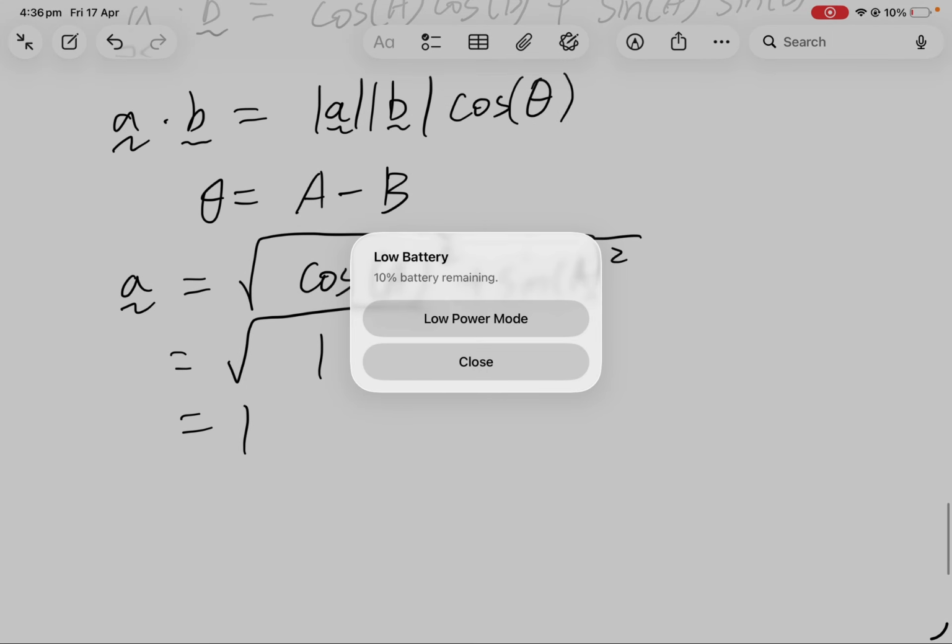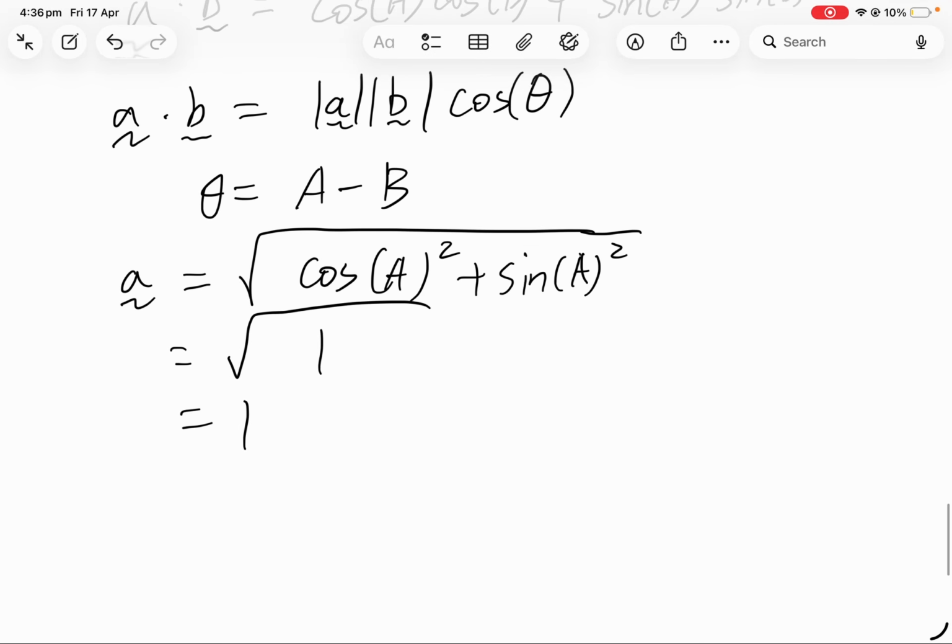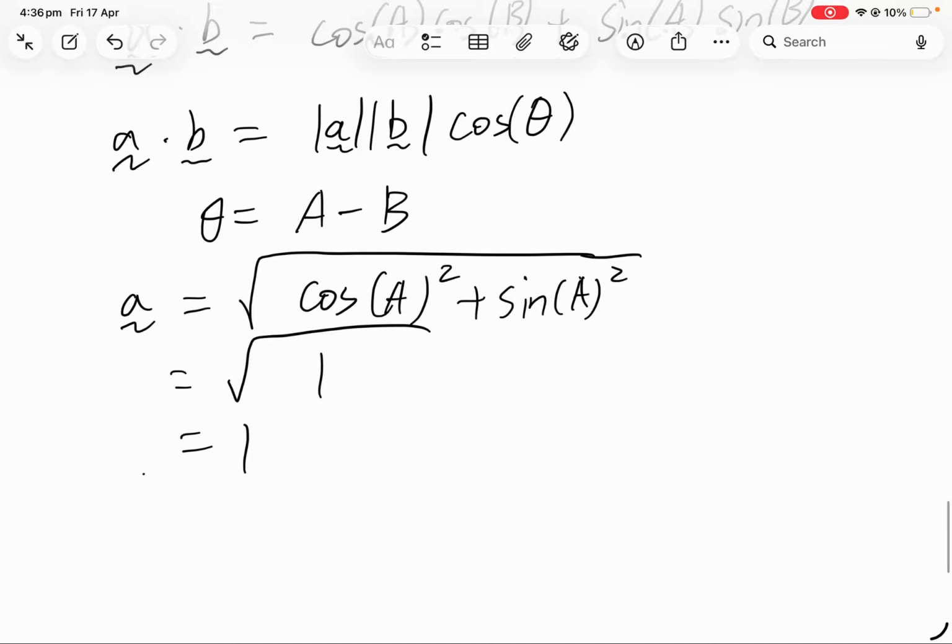And it's the same for b, because it is literally the same thing.